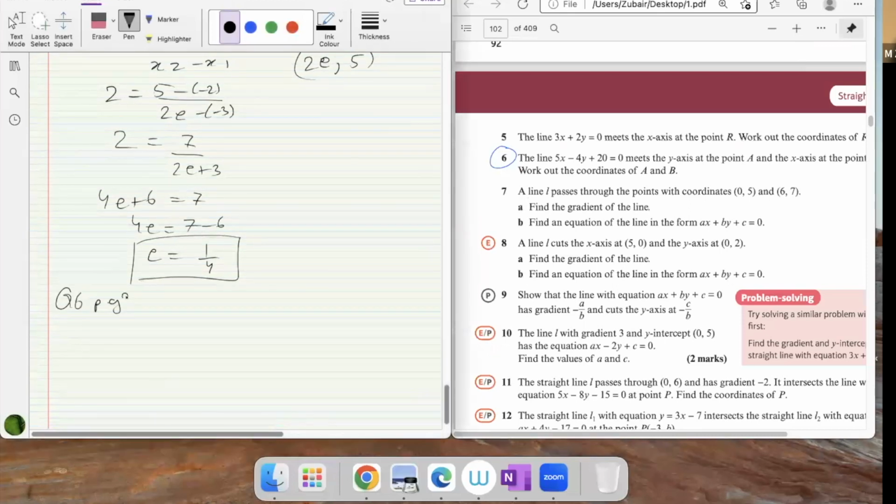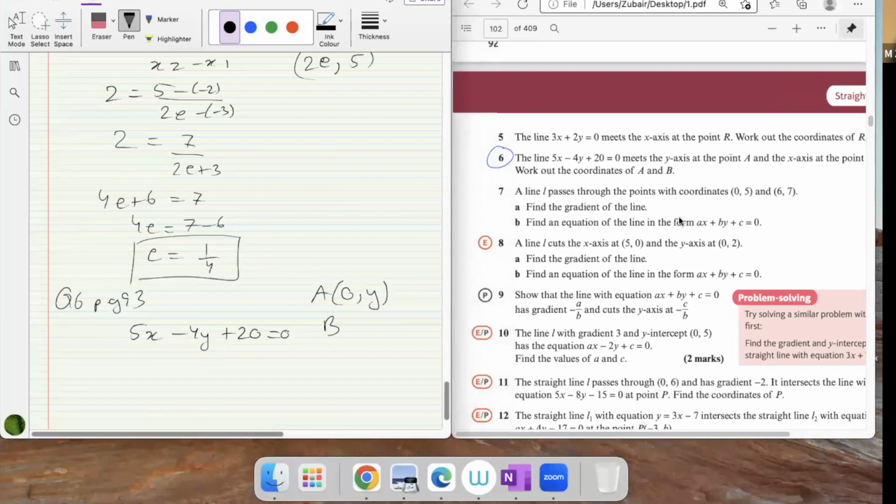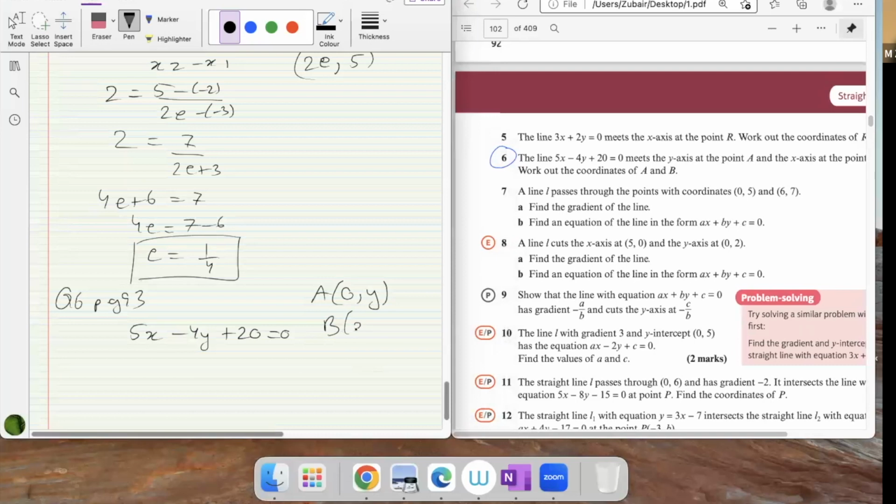The question says the line 5x minus 4y plus 20 is equal to 0 meets the y-axis at point A. If it meets the y-axis at point A, x is 0, y is unknown. And the x-axis at point B. So on the x-axis, the value of x is unknown and y is 0. Work out the coordinates of A and B.